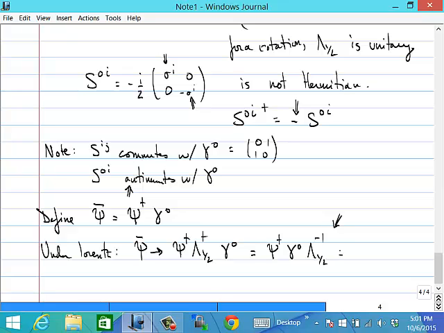So that means that under a Lorentz transformation, psi bar transforms in exactly the way that you need in order to form a scalar. So in particular, psi bar psi will be a scalar under a Lorentz transformation.